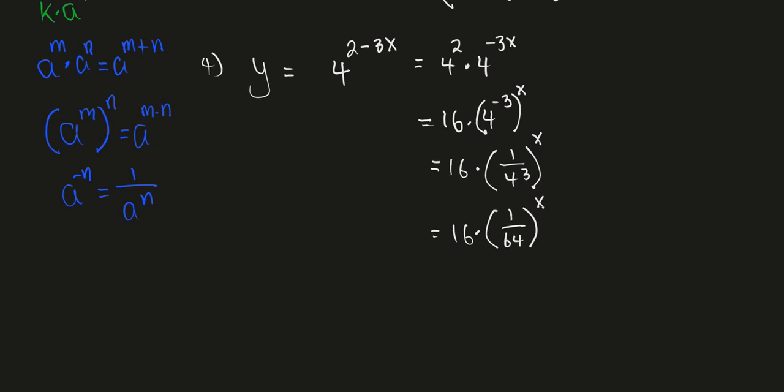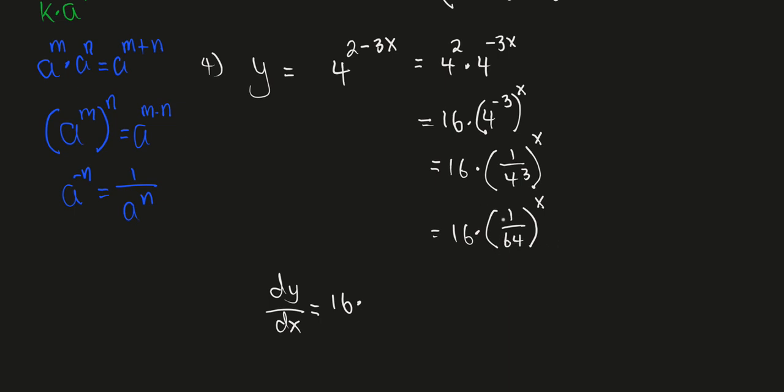Now let's do a little bit of calculus and find the derivative here, right? So dy dx is going to be, now this is a constant multiple, so we bring our constant multiple down. So we have 16 times, and now this is of the form a to the x, where a is 1 over 64.